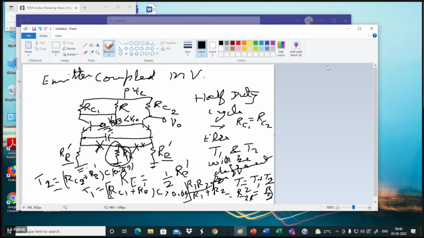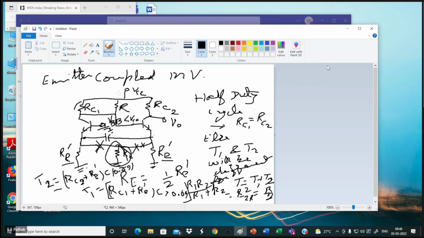So T1 will be controlled by RC1. So different T1 and different T2 if you want, you make like that. You choose some RC1 for the same C, RC2 for the same C, your duty cycle will be changing according to that. So that is your emitter coupled multivibrator.